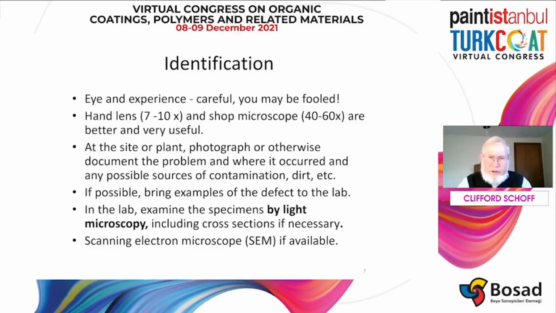If you can bring these to the lab, then examine them by light microscopy. This is the most powerful tool that you can possibly have. And you may be doing cross sections and then examining the cross sections. If you have access to scanning electron microscopy, SEM, that's great. But light microscopy can accomplish a great deal.